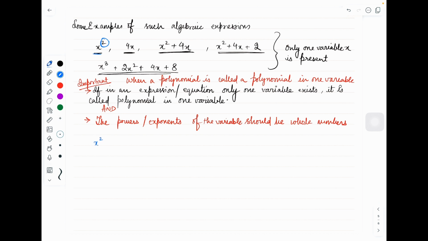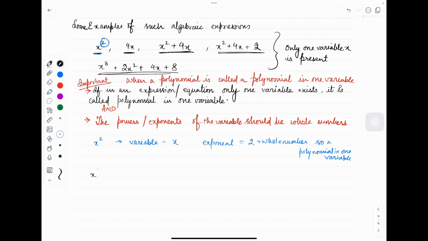Here, x square: the variable is x, the exponent equals 2, a whole number, so it is a polynomial in one variable.